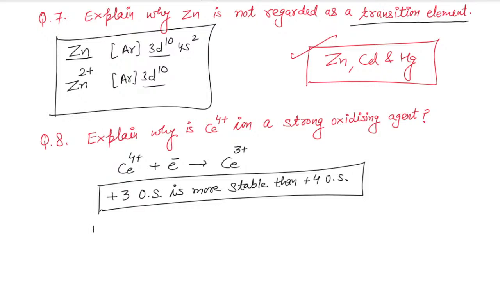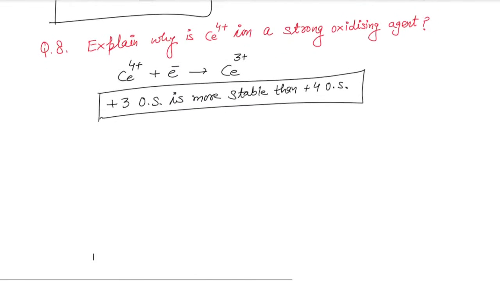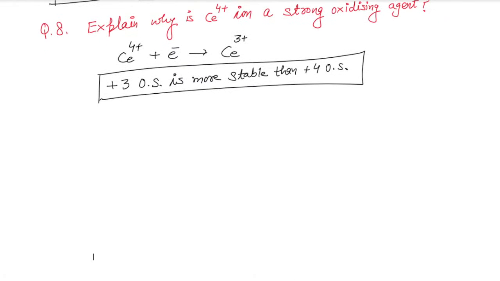In all the lanthanoids, +3 is more stable than +4 or +2. This is the proper reason. Okay. Question number 9.